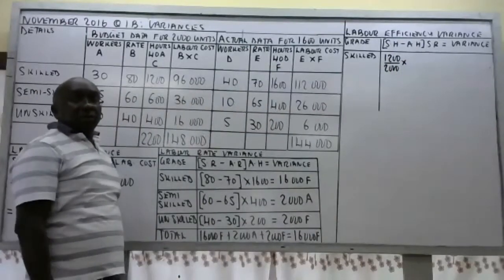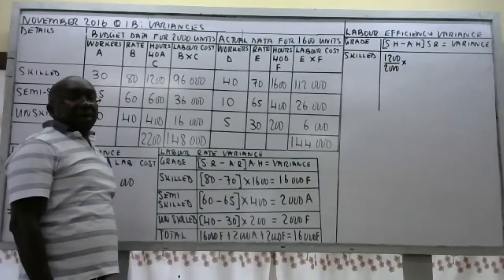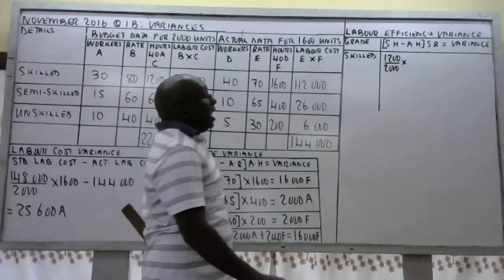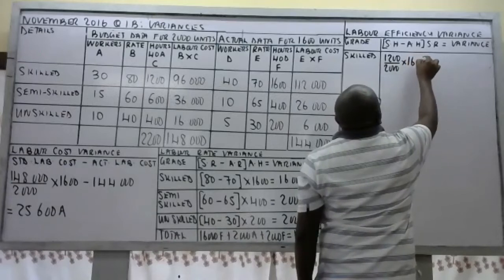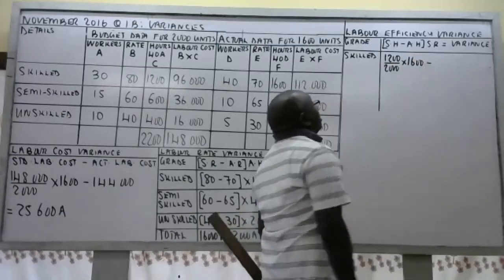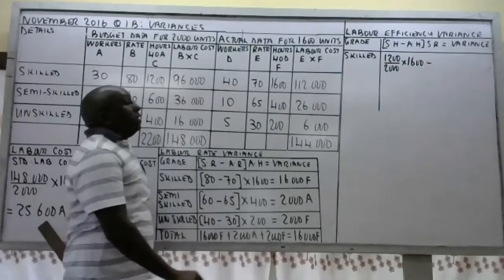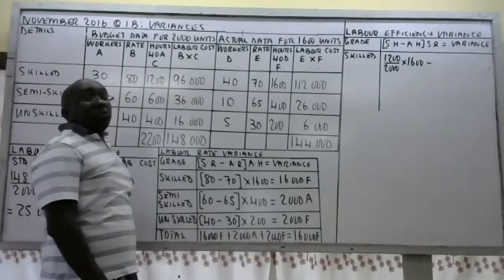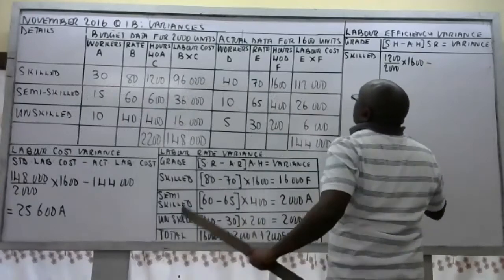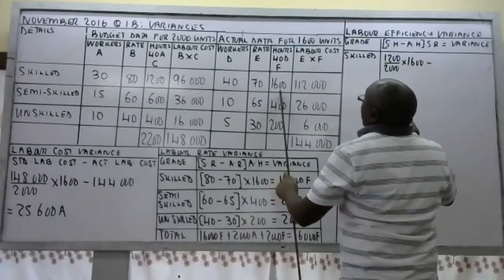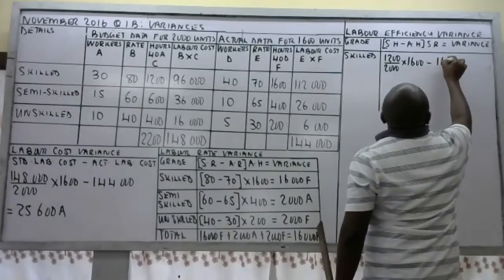That will tell you how many hours each unit should have used. Then you multiply by the actual units, 1,600. You minus the actual hours that were used, which here is 1,600.